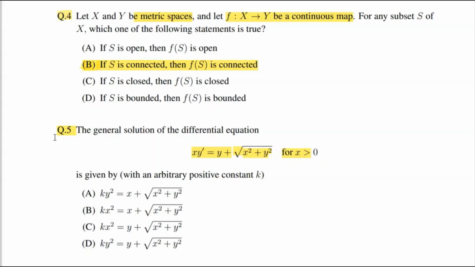Option B, k x square equal to x plus root of x square plus y square. Option C, k x square equal to y plus root of x square plus y square. Option D, k y square equal to y plus root of x square plus y square, where k is an arbitrary positive constant. We need to find the solution of this differential equation.